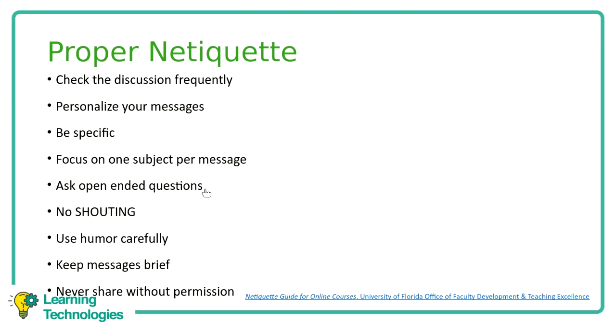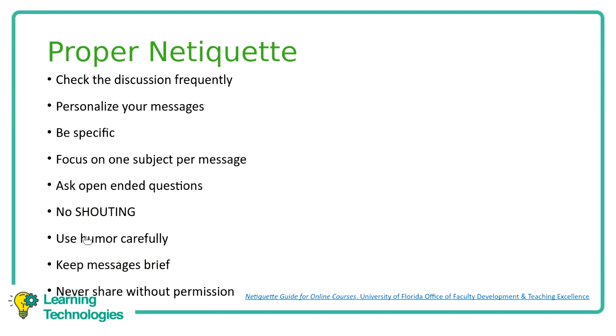You don't want it to be where the first student post has solved the problem and that's about it. No shouting. It's annoying to read something that's in all caps. Just be mindful of your humor, because that doesn't always come across in text-based messages.